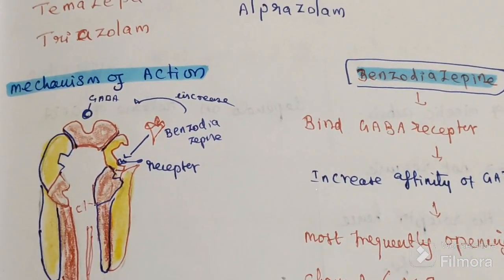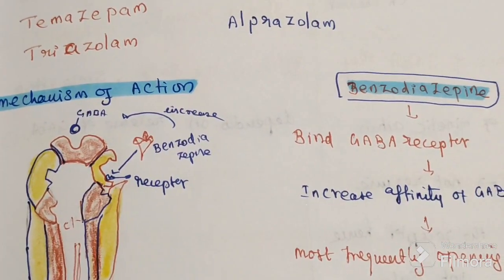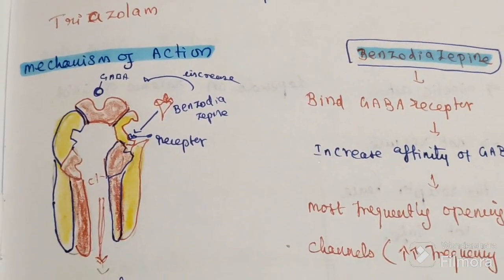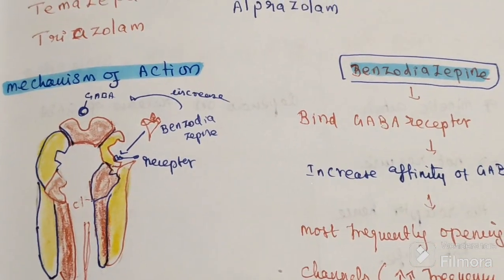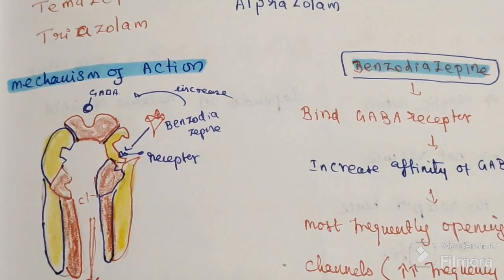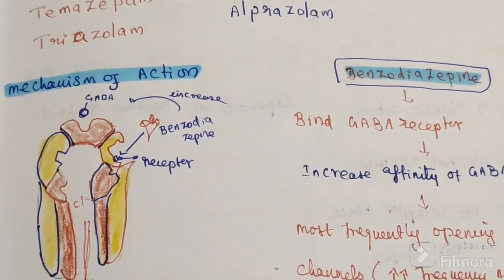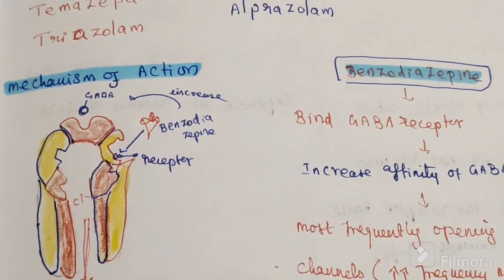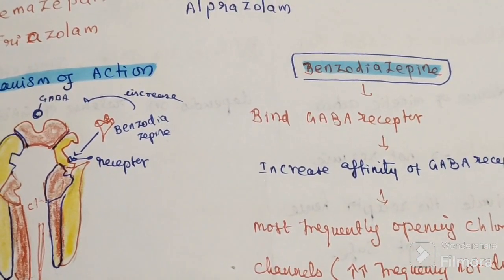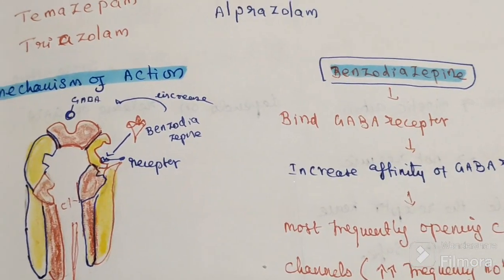Now, what is the mechanism of action? They do only one thing, a GABA facilitatory action, and they do not do GABA mimetic action. Barbiturates do two functions: one is GABA facilitatory action and the other is GABA mimetic action, but here only one.